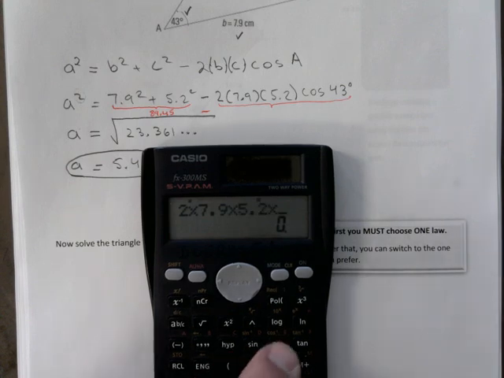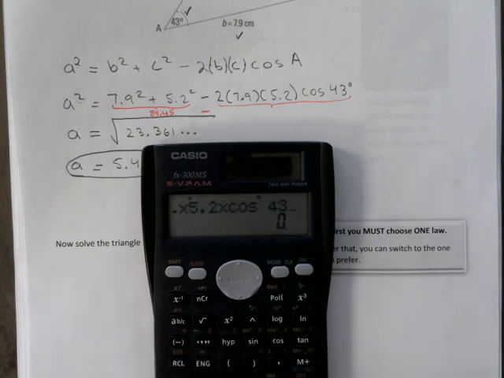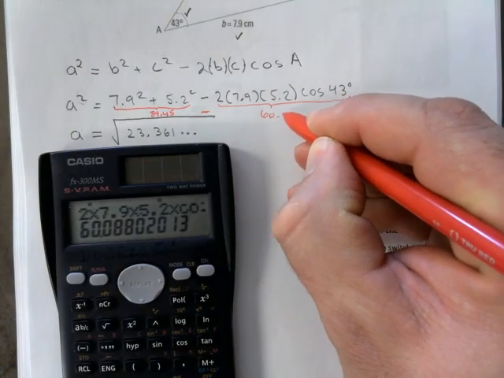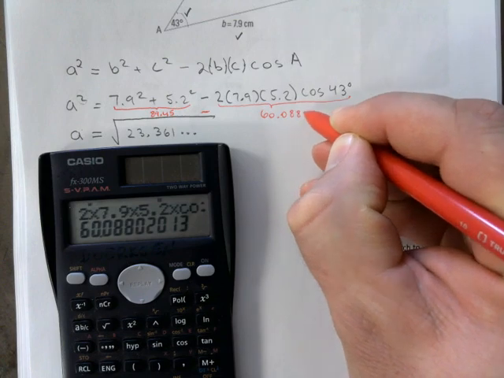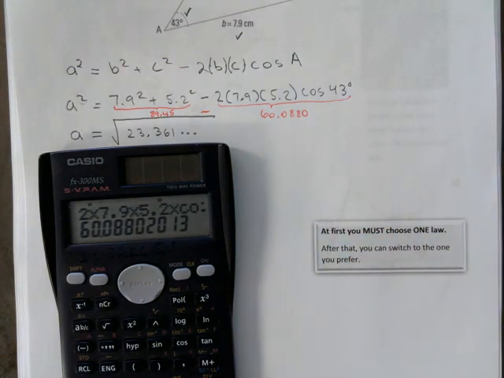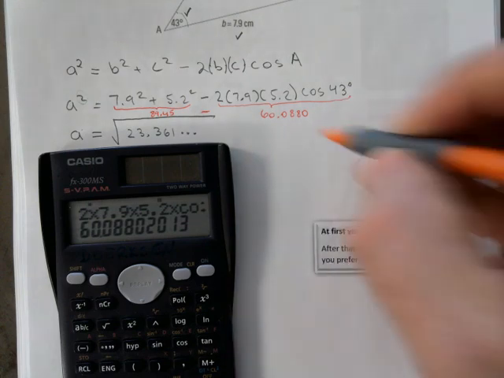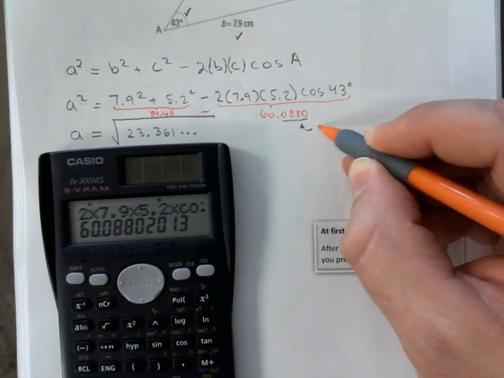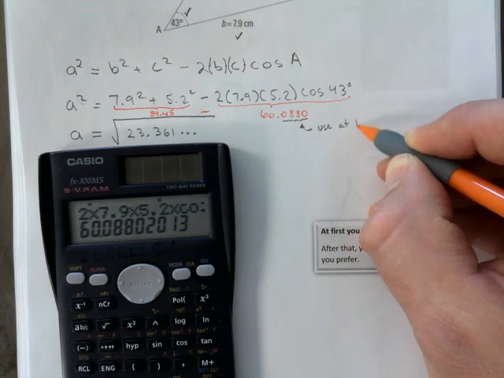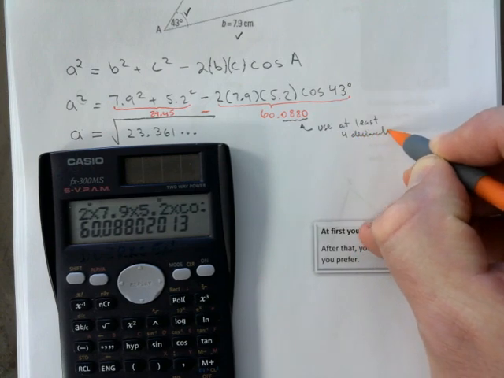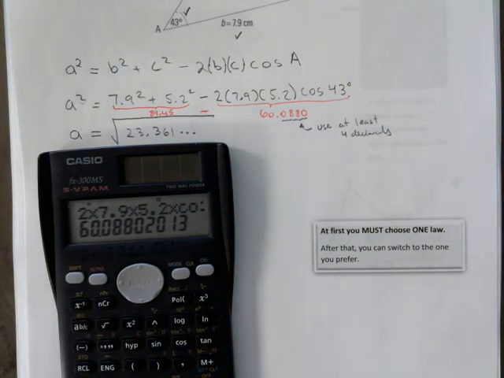Most of you are just like, no, I like the way you did it before because it works for me. 60.0880. So you need to use at least 4 decimals, right? If you want to do it in steps, use at least 4 decimals because you're going to have to write it down and then type it in and subtract.